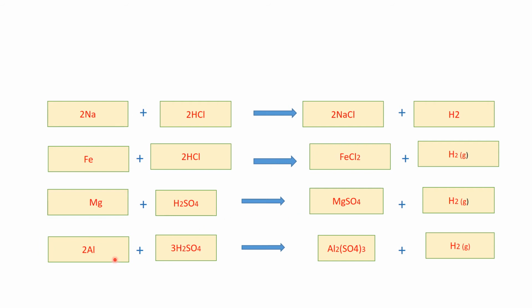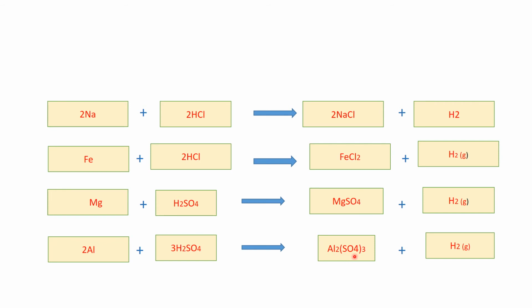Next, aluminium. When it reacts with sulfuric acid, it forms aluminium sulfate. See the formula of aluminium sulfate, Al2(SO4)3. As aluminium has 3 valency and sulfate has 2 valency, the formula is Al2(SO4)3.